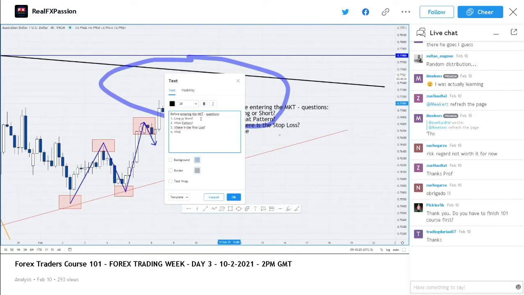Number 4, where is the take profit level? Number 5, how is the risk/reward ratio? And number 6, is this a high or low probability trade?